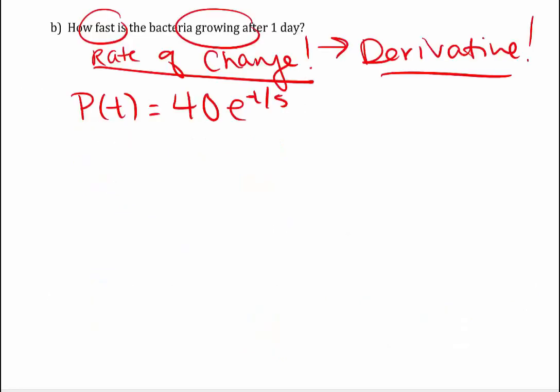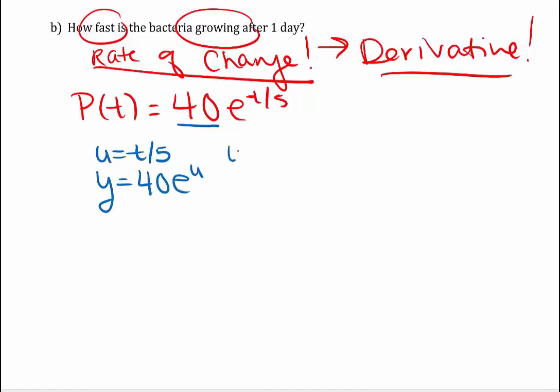So we've got 40 e to the t divided by 5. I want to find the derivative of that. I'm going to use the chain rule. I don't have to use the product rule because 40 is a constant. So my inner function is the t divided by 5, and my outer function is the 40 e to the u.